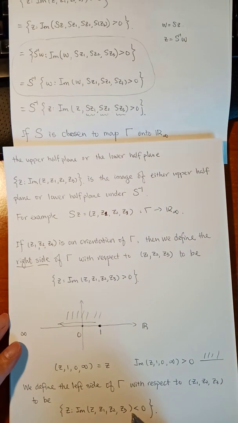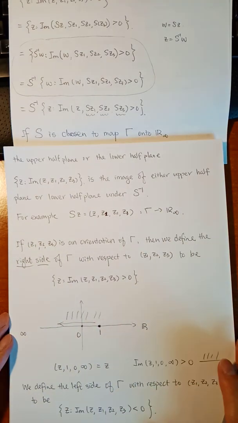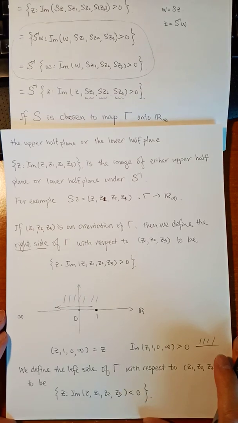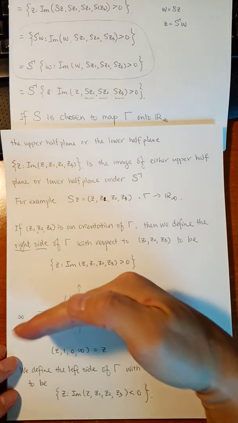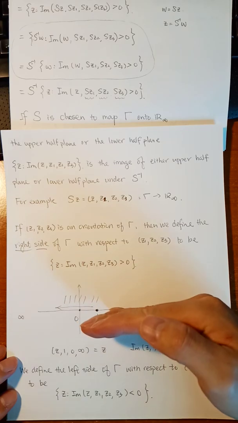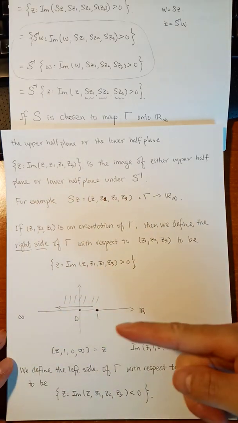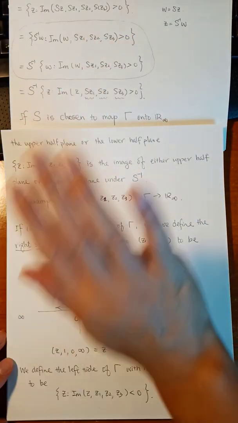When this imaginary part is 0, it becomes a real number. Real number means Z is on gamma, not on the sides of gamma. Okay, so now we do have the line, like the cutting part, and we have orientation. With orientation, we have left or right.